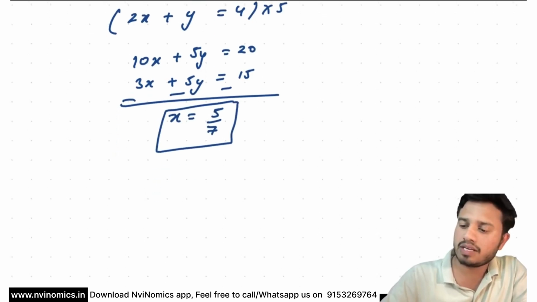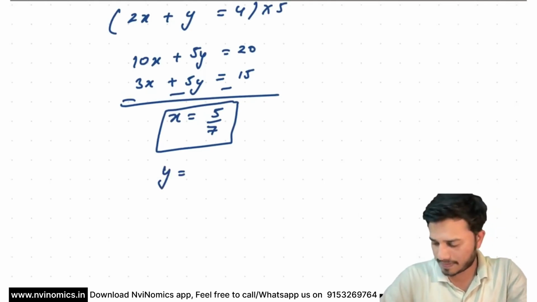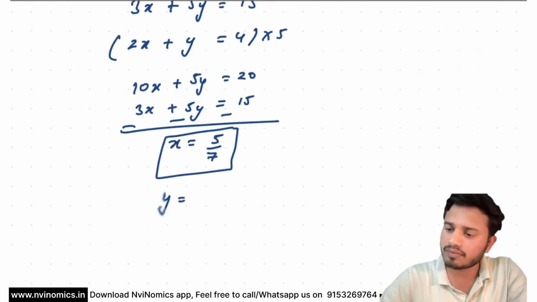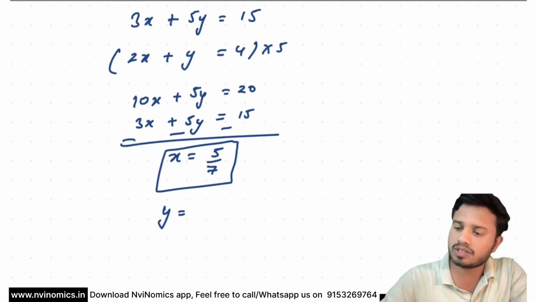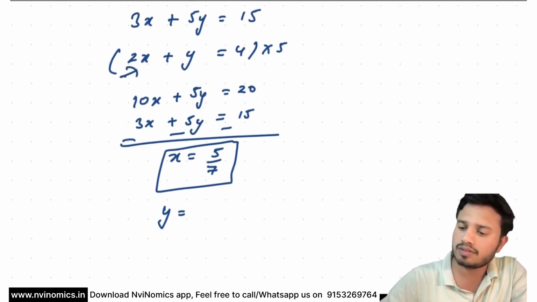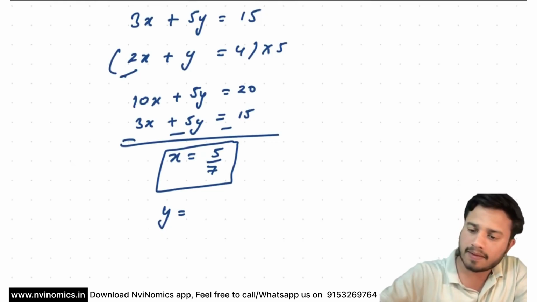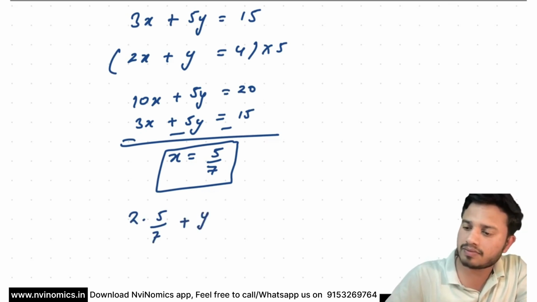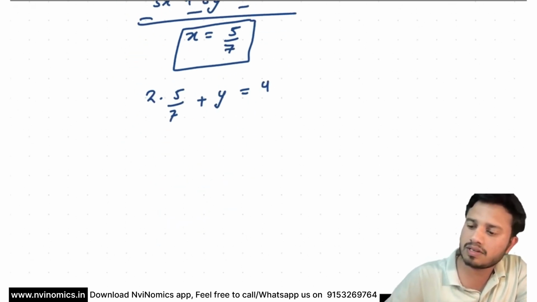And then when you solve for y, just put in this and solve. 2 times 5 by 7 plus y equals to 4.